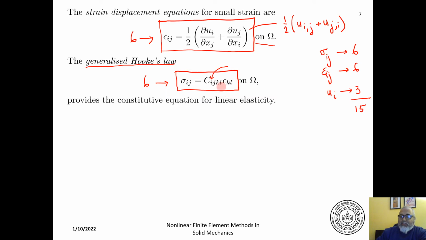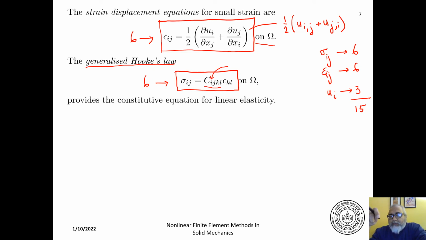So in the generalized Hooke's law, the CIJKLs that you have are constants which have to be determined from experiments or other kinds of simulations, like say molecular dynamics.